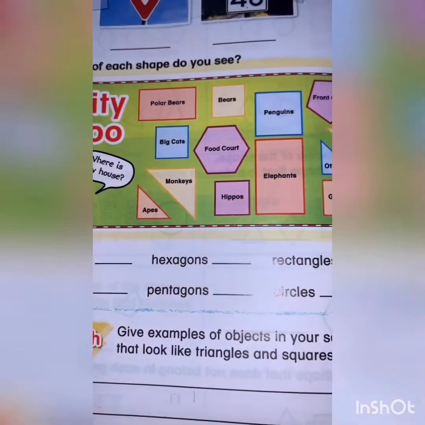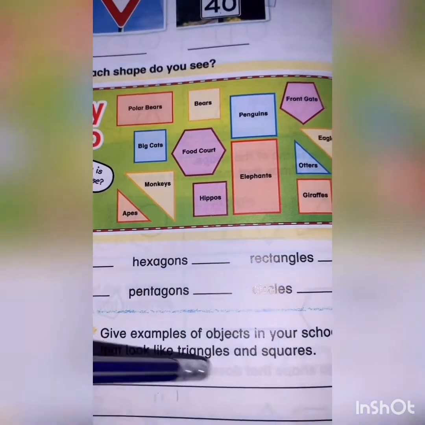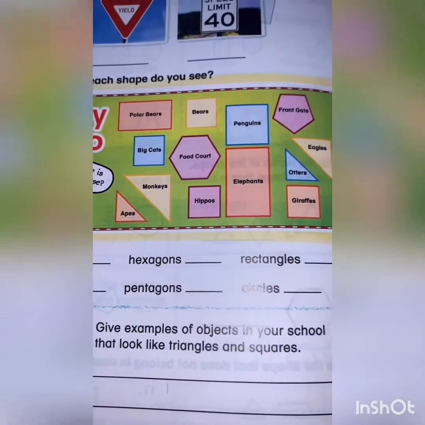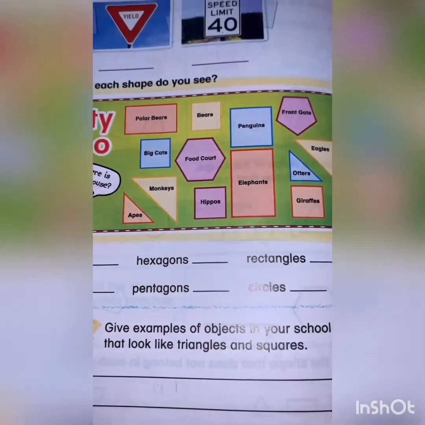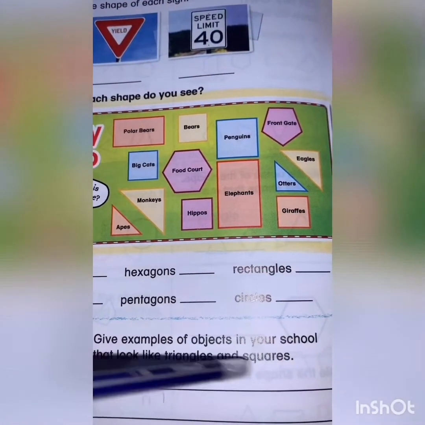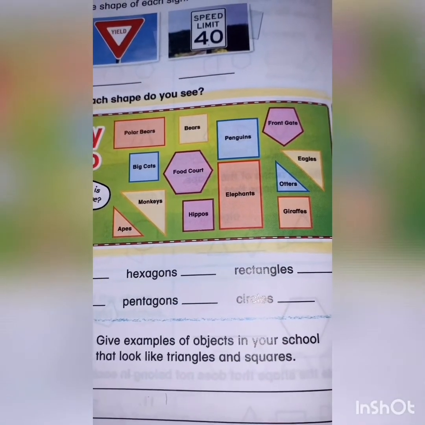In this question, give examples of objects in your school that look like triangles and squares. If you remember, in your school and in your class, which objects have the shape of triangles and squares? Yeah, the window, the books.